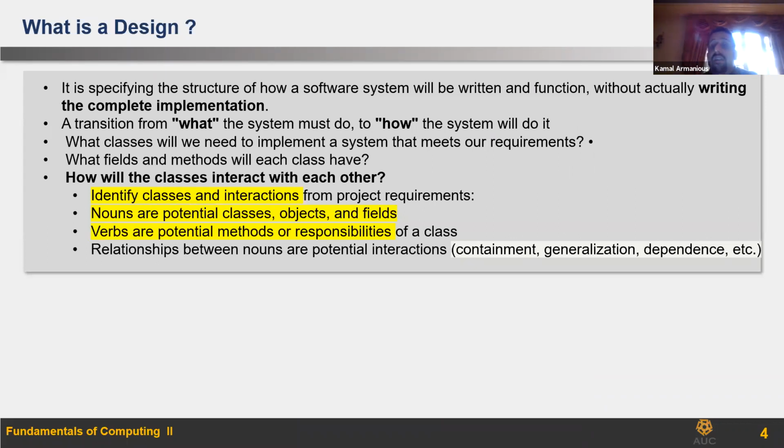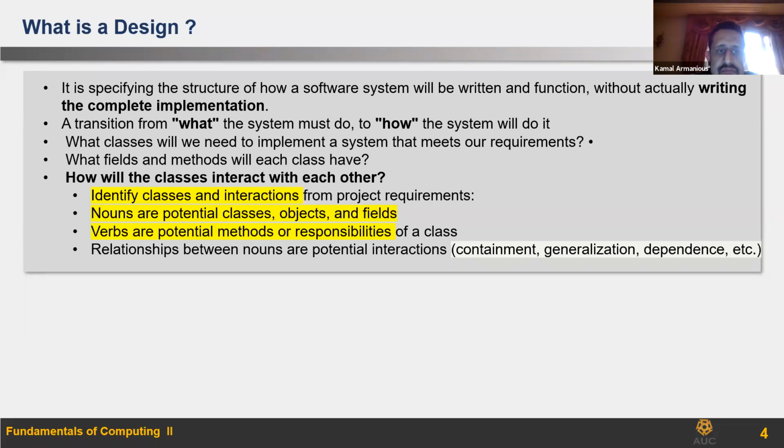The class diagram is basically showing classes and how those classes are interacting together. At the end of this lecture, we will see some samples of class diagrams, and we will see classes and how they are interacting with each other.